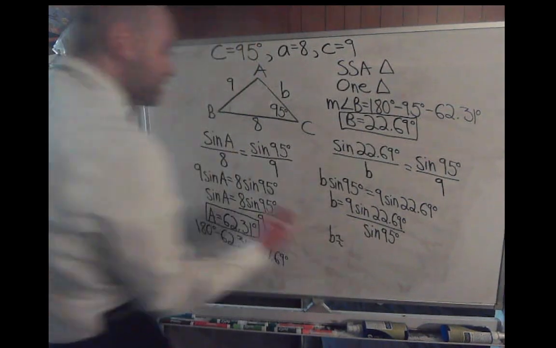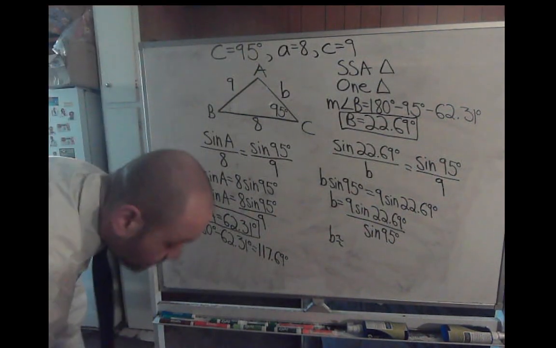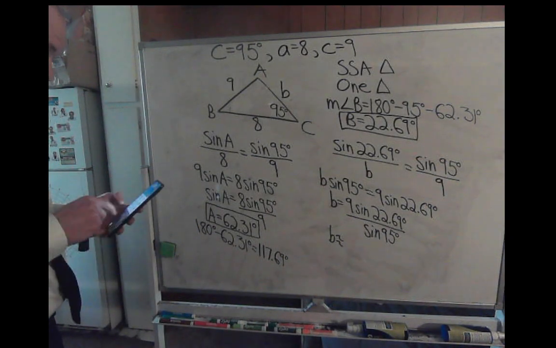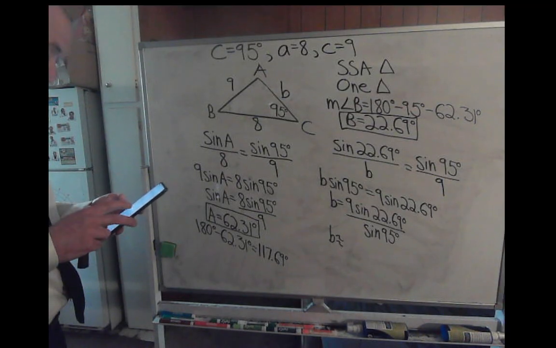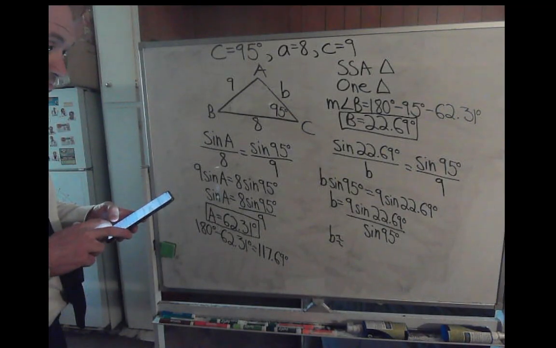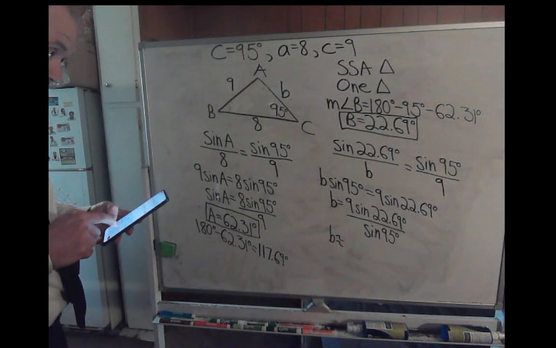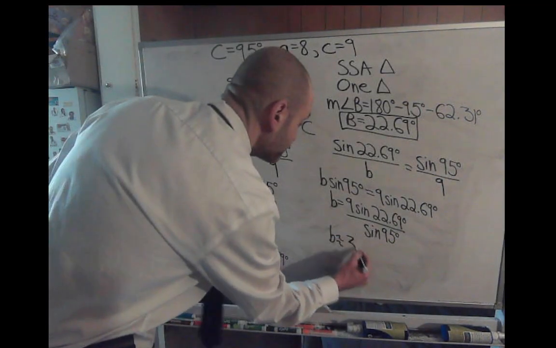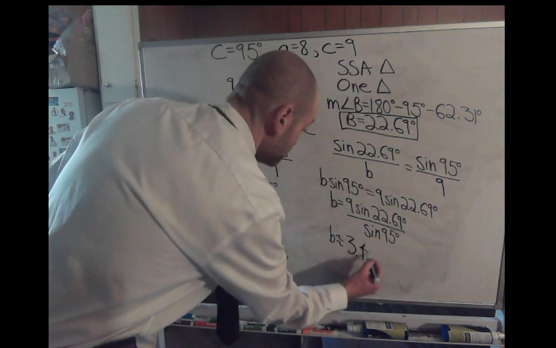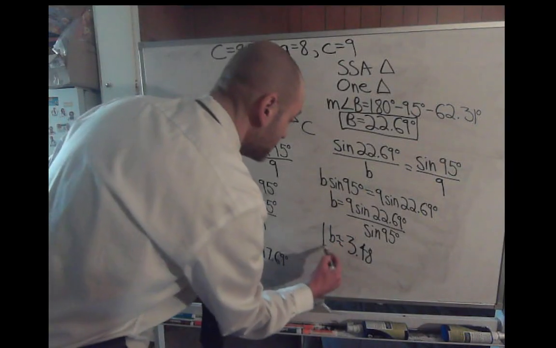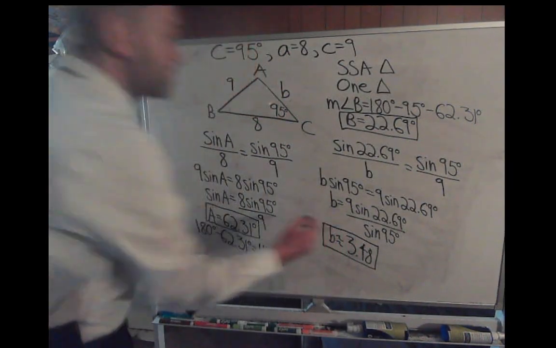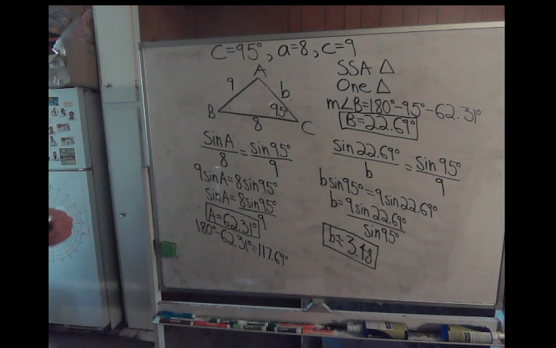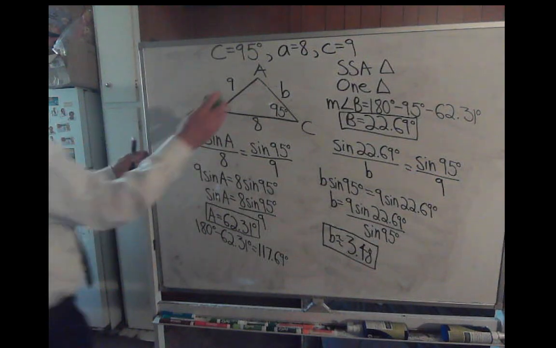So now we can get an approximation for side B. You would get about 3.48. So side B would have a length of about 3.48. And we got more.